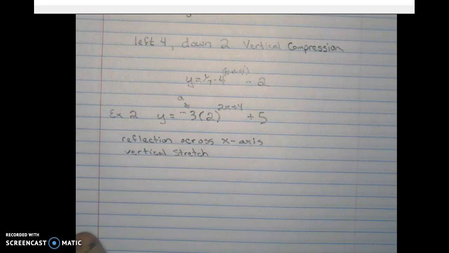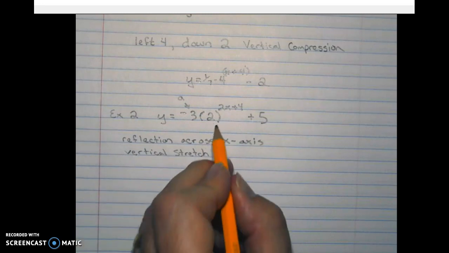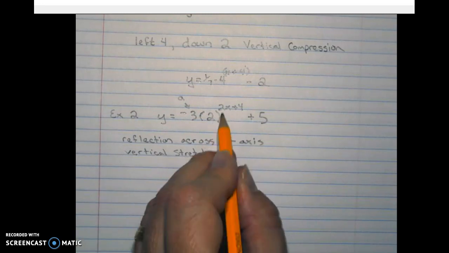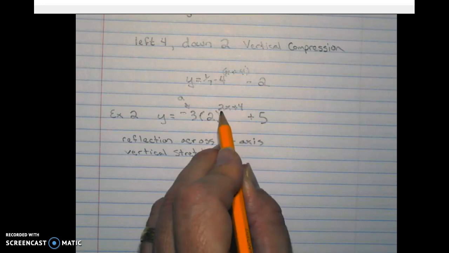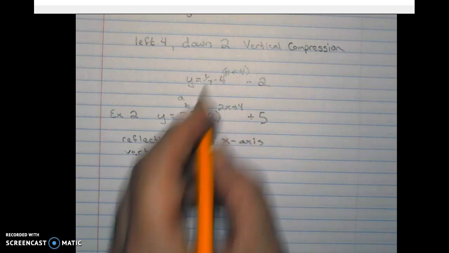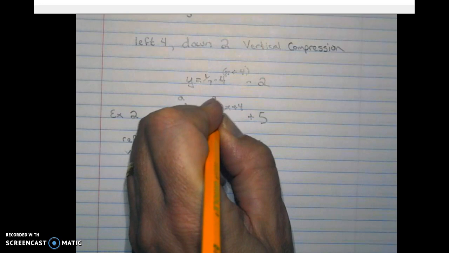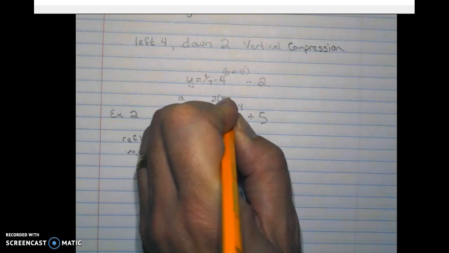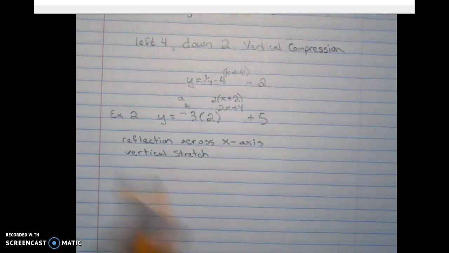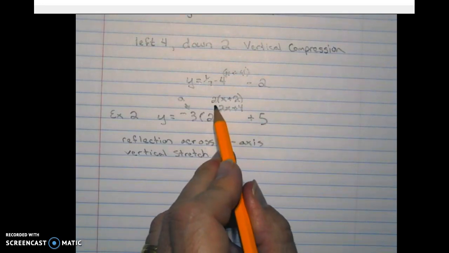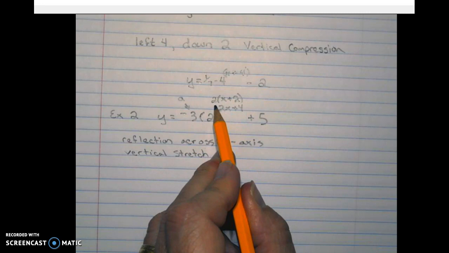The base tells us that we have an increasing function. And here, remember that when you have two horizontal parameters, you need to factor out the number in front of the x. So factoring out the 2. Remember, factoring is division. So now we can see that we have a horizontal compression.